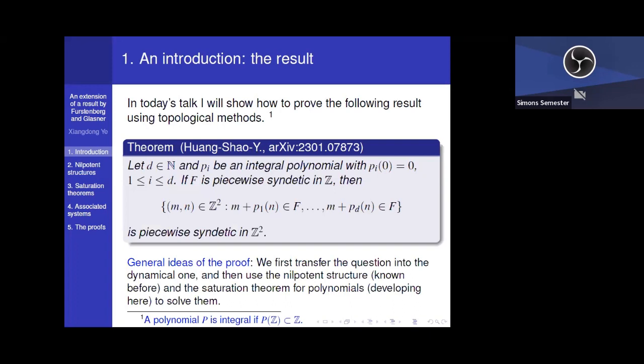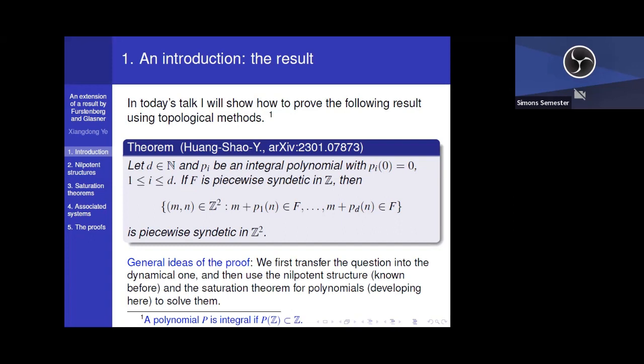In today's talk, I will show how to use the topological method to prove the following theorem. Say the p_i are integral polynomials vanishing at 0. If F is piecewise syndetic in Z, then the set of pairs satisfying these conditions is piecewise syndetic in Z squared.